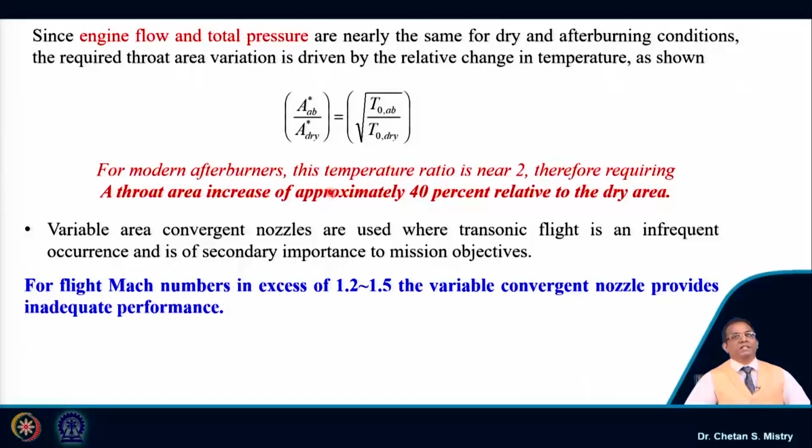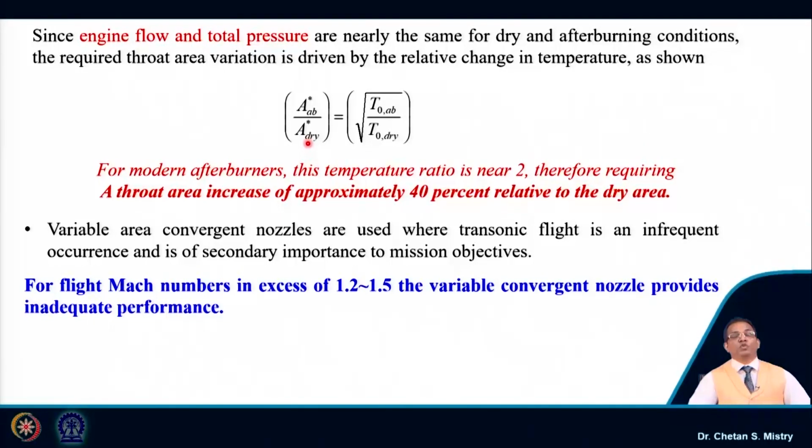If that is the case, then we can say my area ratio between the dry condition without afterburner and with afterburner will be a function of the temperature. Okay. And this temperature ratio will be in the order of 2. That means I need to have my throat area approximately 40% higher than that of my dry condition. Okay.